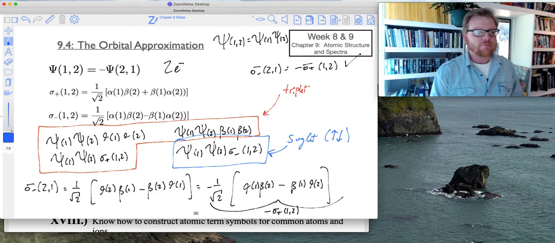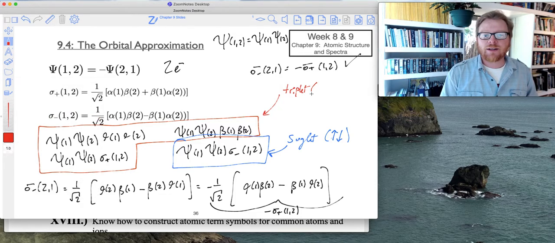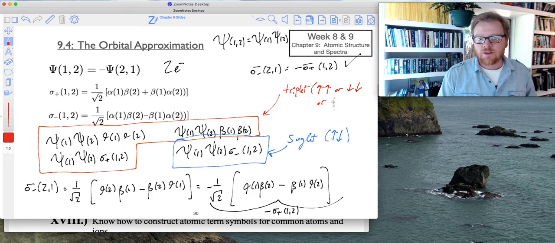But what does that triplet correspond to? Well, that triplet could be both spin up or both spin down or some superposition, which I'll just write as the following.